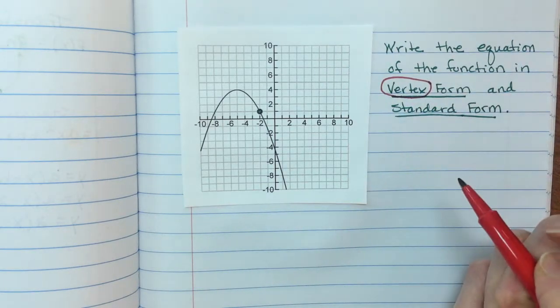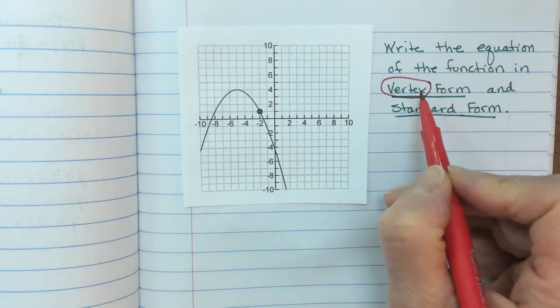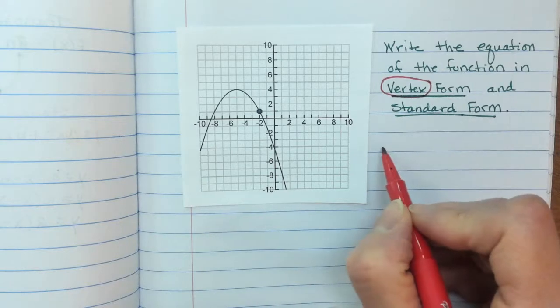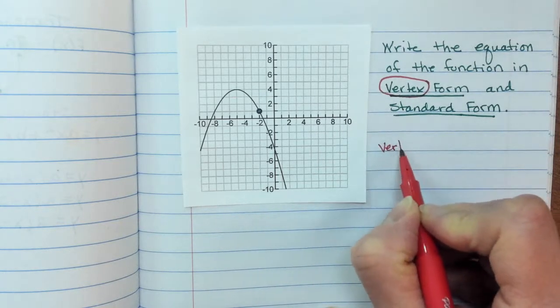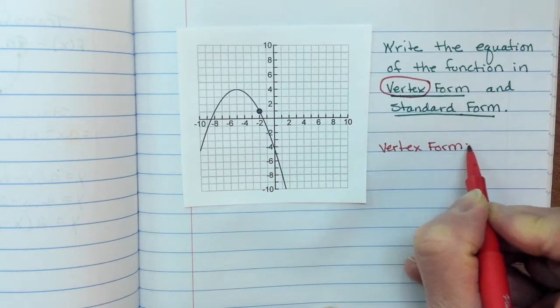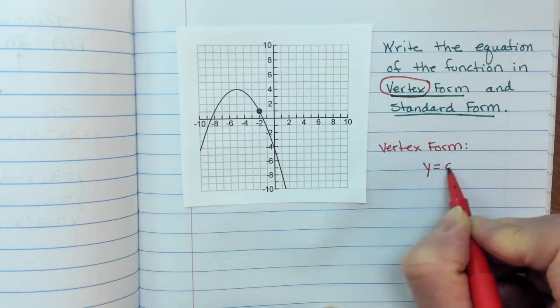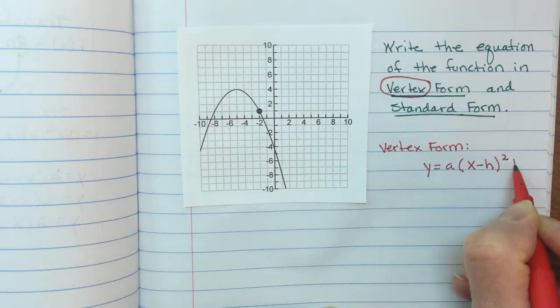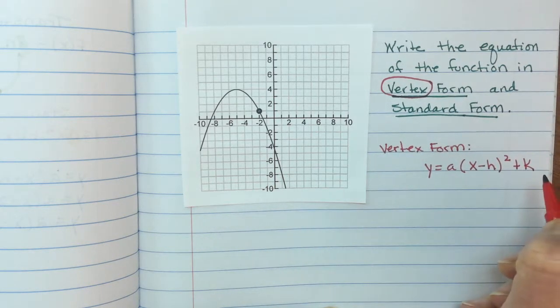And I'm circling vertex because if we know the vertex, we can write the equation in vertex form. So let's just do this again. Vertex form is y is equal to a(x minus h) squared plus k.